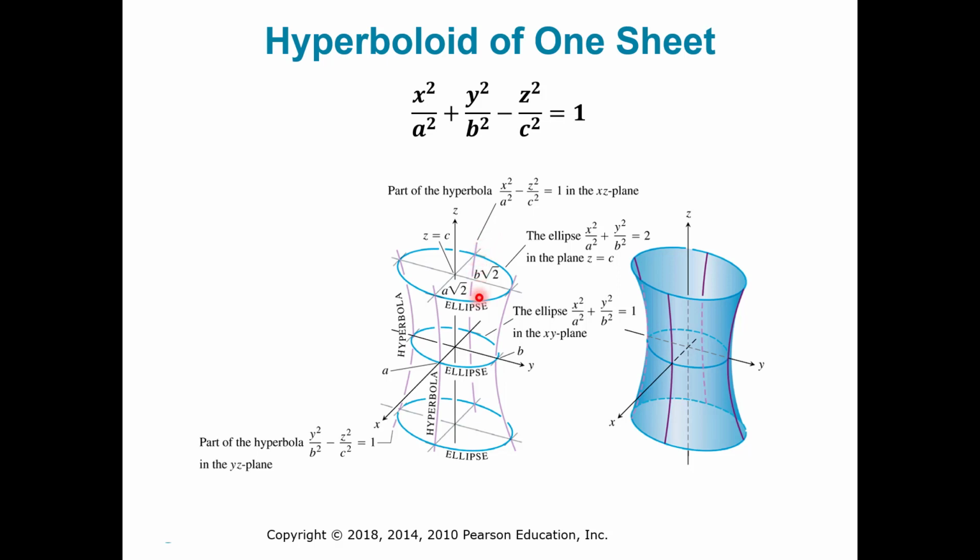So that's this purple curve kind of in the back, as well as this one in the front here. And then very similarly, if we ignore the x's, we can say y squared minus z squared, and that's actually a hyperbola in the yz plane. So that's this purple curve kind of going left and also going right. And if we put that all together, we end up with this shape, which we call a hyperboloid of one sheet.